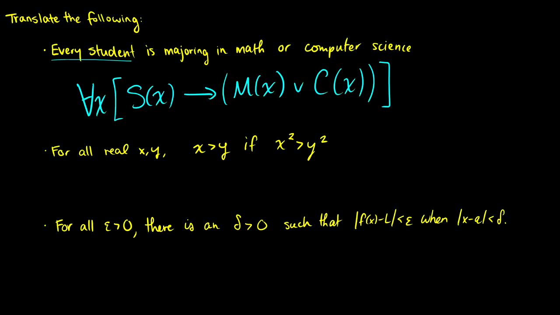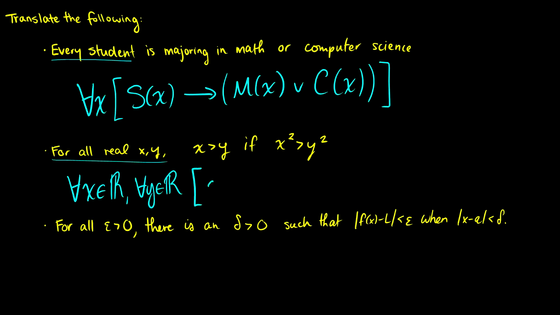So for all real x and y, so this is for all x in the real numbers, for all y in the real numbers, x is greater than y if x squared is greater than y squared.